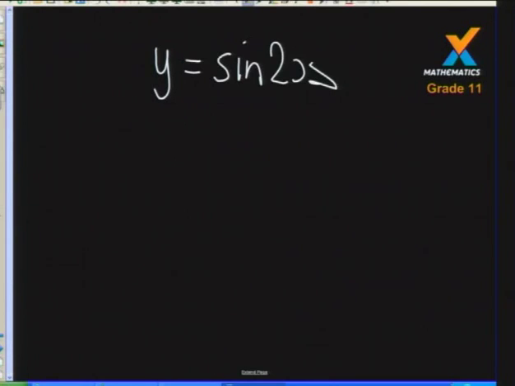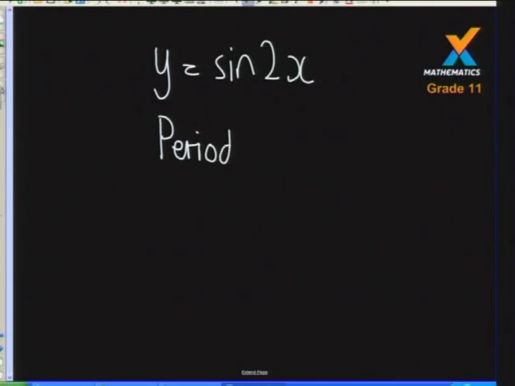Let's see. What is the period of this new graph? The period is my period for my parent graph, and I'm going to divide it by the coefficient, which is 2. So that's 180 degrees.